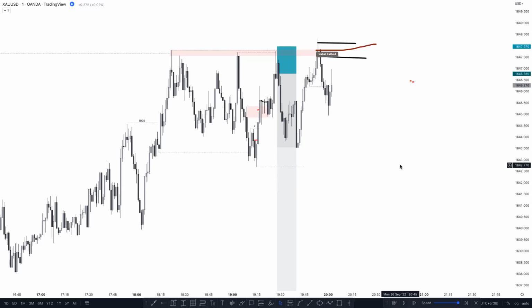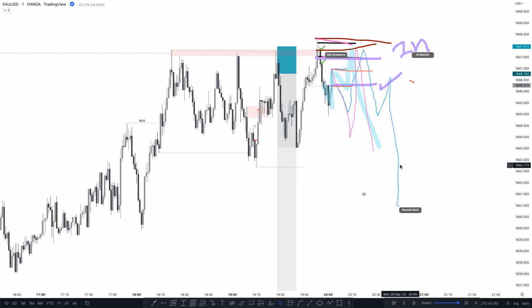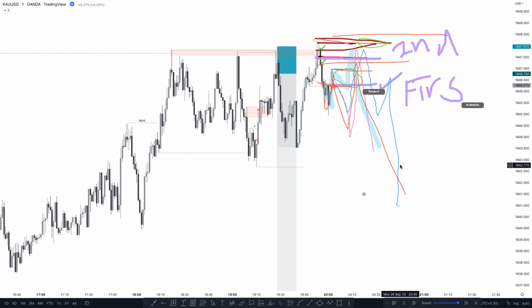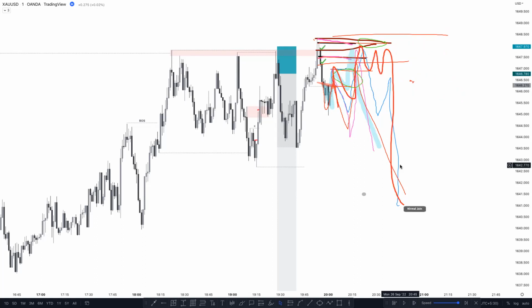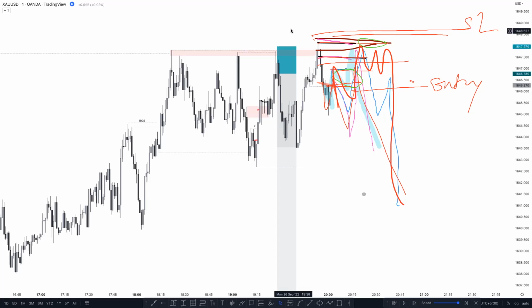Now I'm looking here for two entries right now, but you have to mark where our possible two entry is.